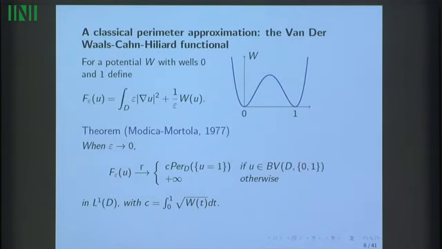Okay, so now let me come back to the perimeter. There is a very classical approximation of the perimeter, as has been already explained, which has several names: Van der Waals, Cahn-Hilliard, and very often we call it Modica-Mortola because of this famous theorem.